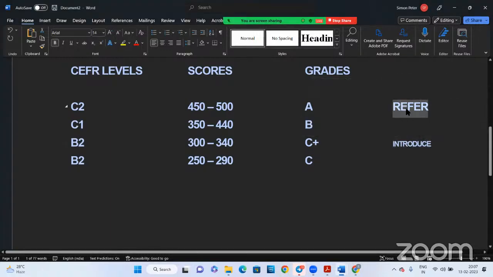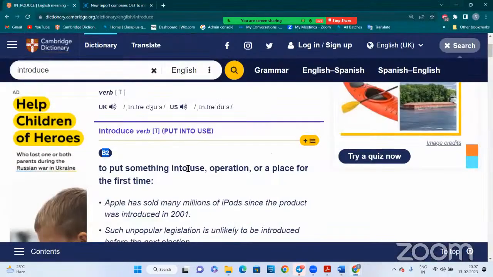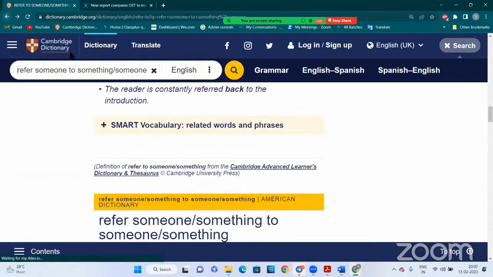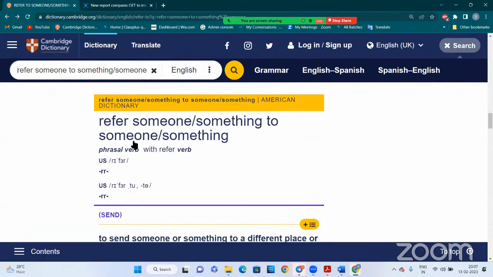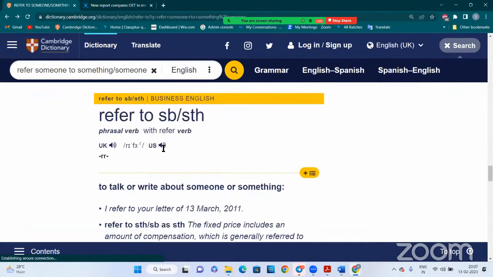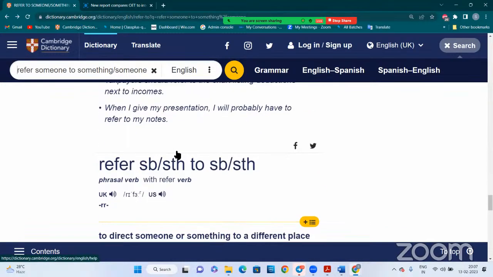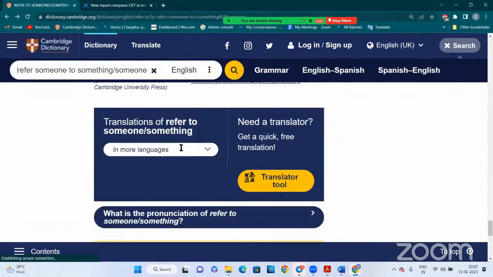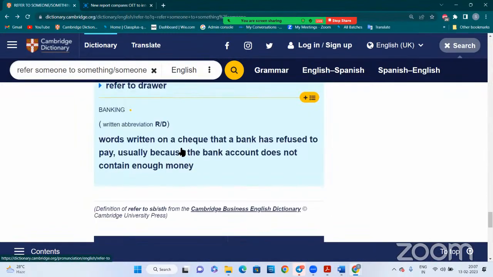Use your own word. Refer is C2. That's what is important. I have shown you already. Refer someone to somebody. You see here.